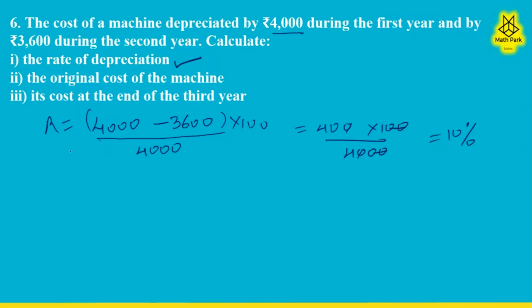So the depreciation for the first year is going to be the original amount, let us take it as P, into the rate of depreciation, 10 upon 100, which was given to you as 4,000. Using this, we get the original sum. The original cost of the machine was 4,000 into 10, which is 40,000. So 40,000 was the original cost of the machine.